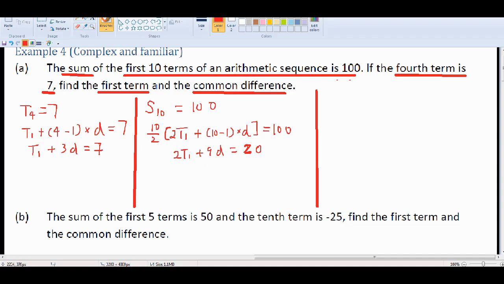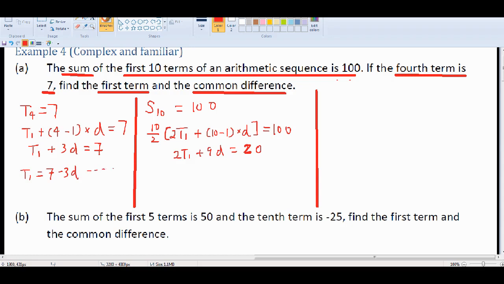Okay, so when we see there are two equations, both in two unknowns, it becomes simultaneous equations, right? The first one seems simpler for us, so let's change the first one into T1 equals 7 minus 3D. By doing so, I single out T1.